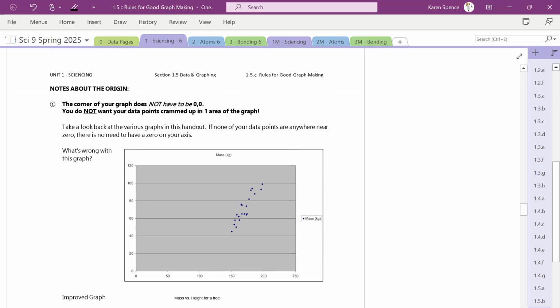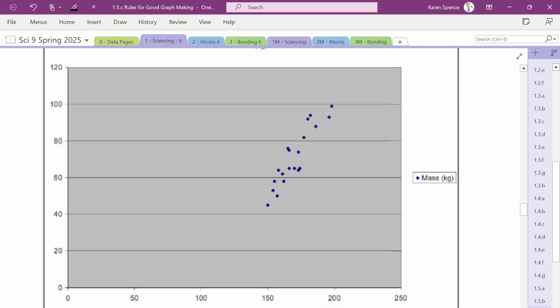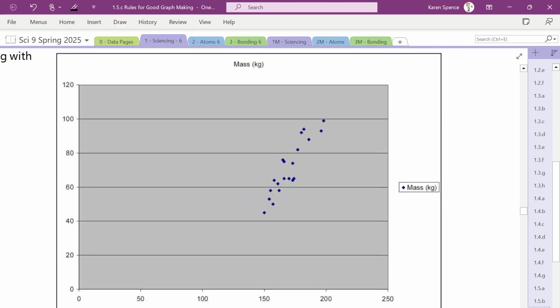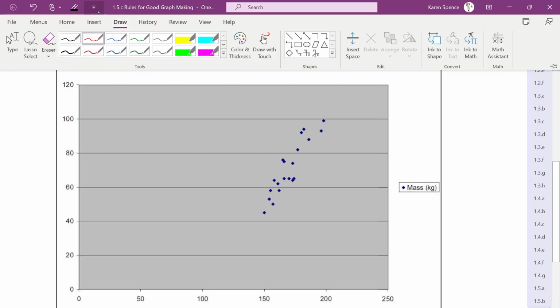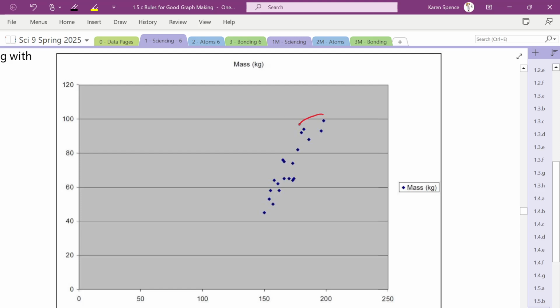Now, on page 109, what do you guys think of this graph on page 109? You've got all of your data sort of crammed up over here. Is that the best way to have a graph?